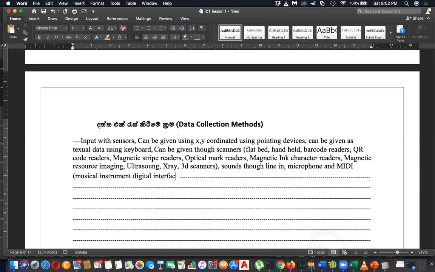It can be input as MIDI. Input with sensors, with XY coordinates using pointing devices, textual, and you can give images and video through webcams and cameras.